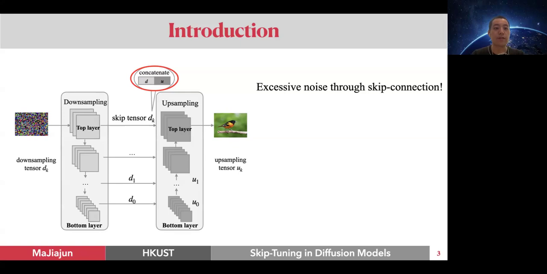As the noise enters through the downsampling part, the long skip connection will bridge or allow the noise to be concatenated with the corresponding upsampling vectors without enough processing. So that part of noise will directly enter into the sample, and that's definitely not an ideal choice.